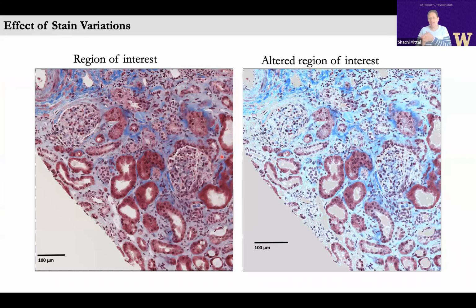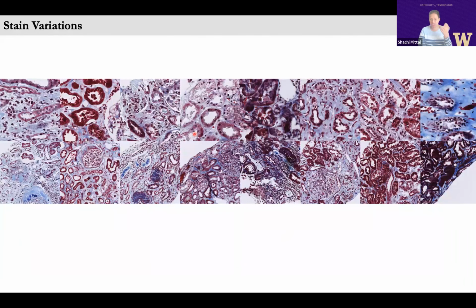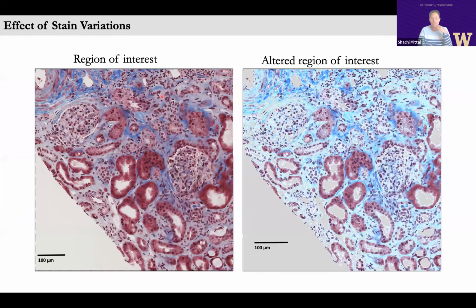So then we wanted to investigate if the model is sensitive to some of these changes. So we did a very strong change, which is definitely more than what we were seeing in this data distribution. We took this region of interest, we perturbed this image to make it look like this altered region of interest.